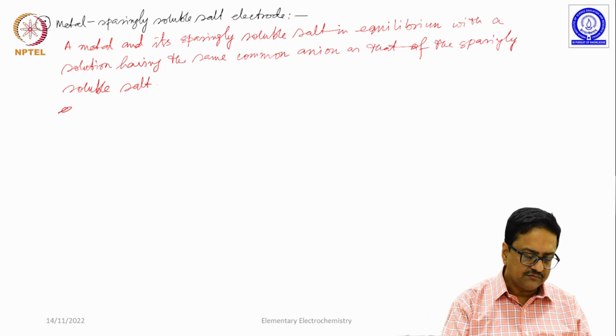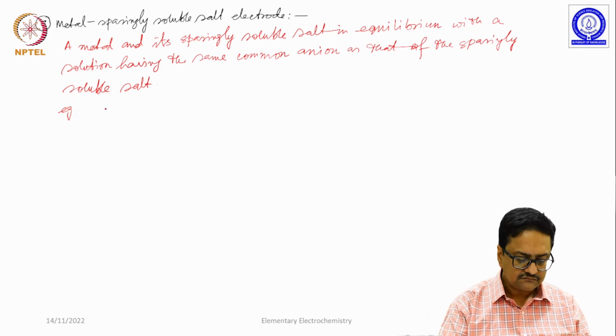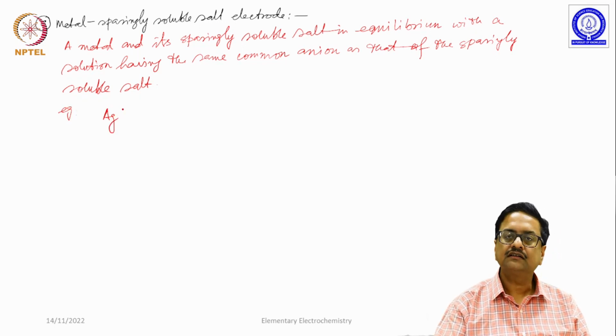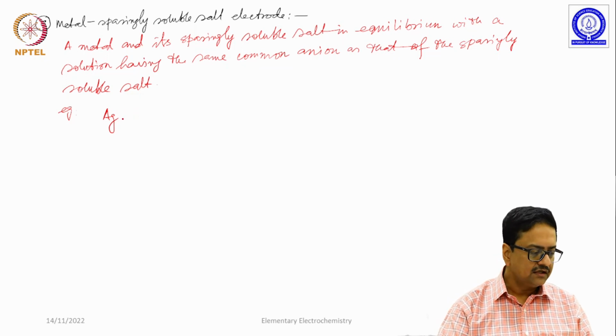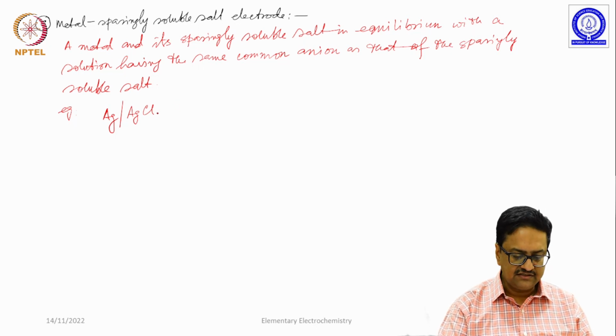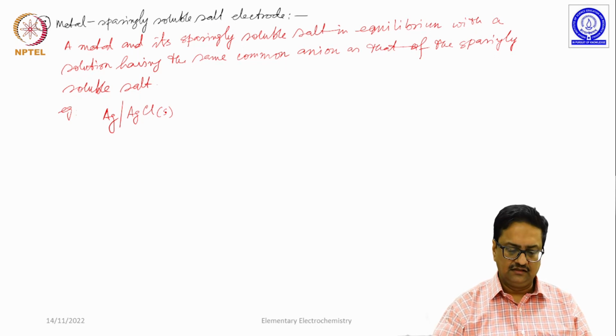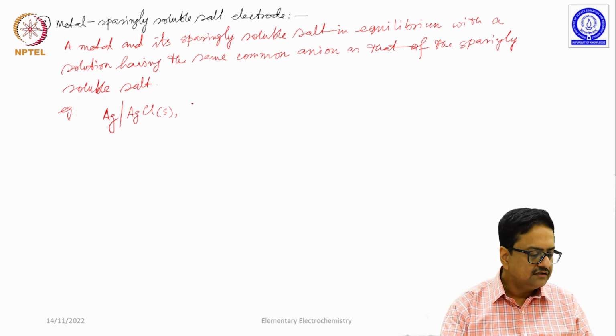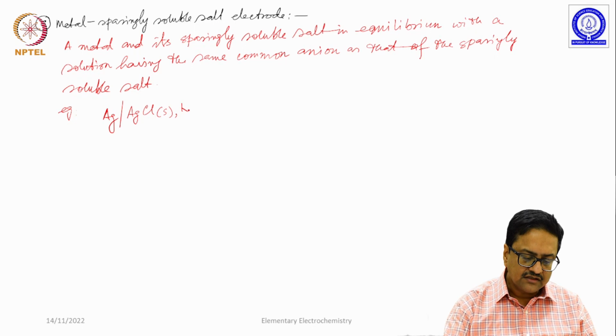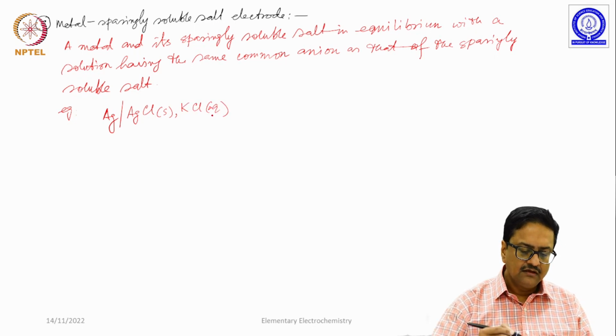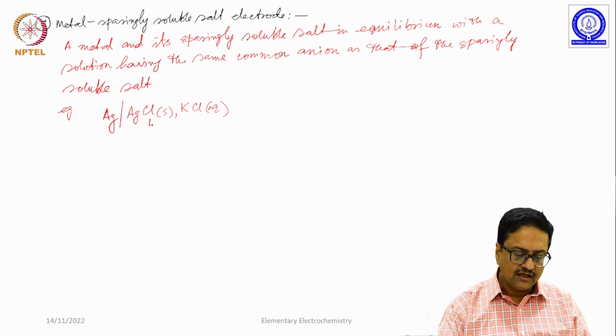So some examples are like this. Silver is the metal, the corresponding sparingly soluble salt is AgCl, which is a solid, and you take a solution of KCl in water where the anion is common.